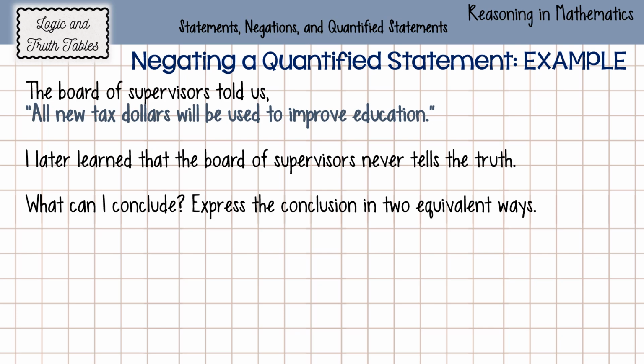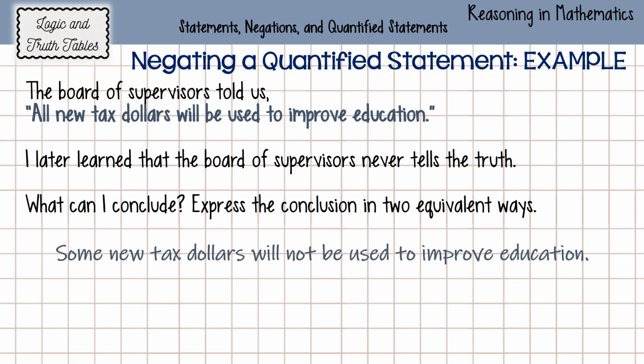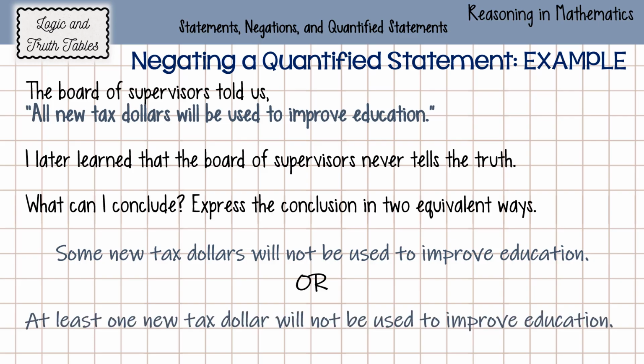Okay, what can we conclude? The negation, and express the conclusion in two equivalent ways. So some new tax dollars will not be used to improve education. That would be a negation of the statement above. Or at least one new tax dollar will not be used to improve education.